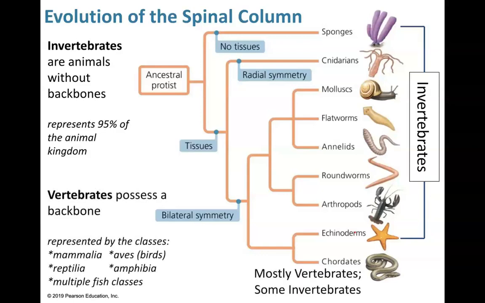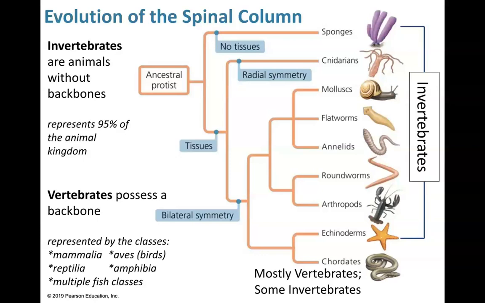It is only the chordates. And even at that, not all chordates have backbones. Some of them do, most of them do. Most of them are vertebrates. Some of them are actually invertebrates, so not even all of them have that backbone. The evolution of the spinal column is a great way to group these animals. Vertebrates and chordates are going to be represented by mammals, reptilia, amphibia, aves, and multiple fish classes.